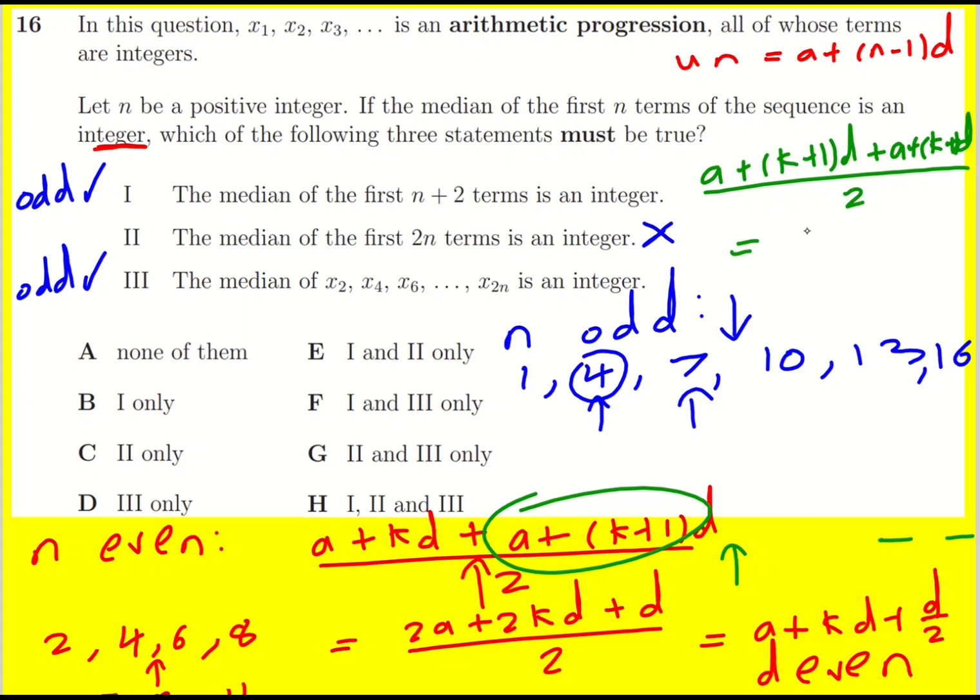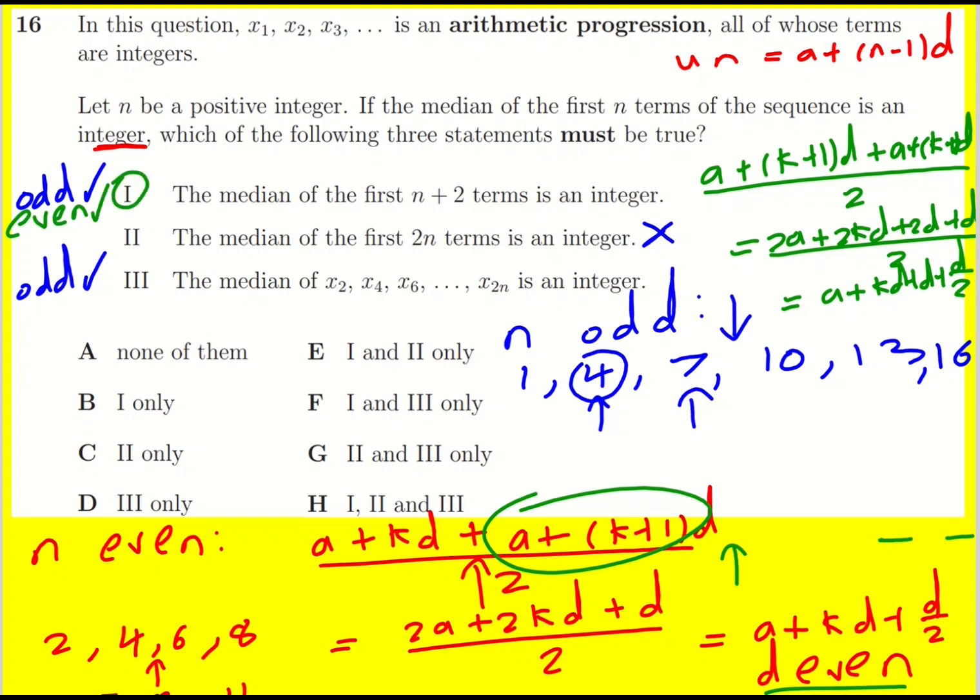We're going to get the same sort of setup now. We're going to get 2a plus 2kd plus, I could write it as now 3d or as 2d plus d. What I can see is I'm going to get a plus kd plus d over 2. But because we know that d has to be even, this will be an integer. So this one is true for odd and even. Just put a little circle around it.